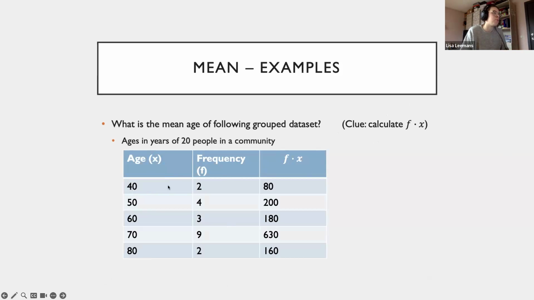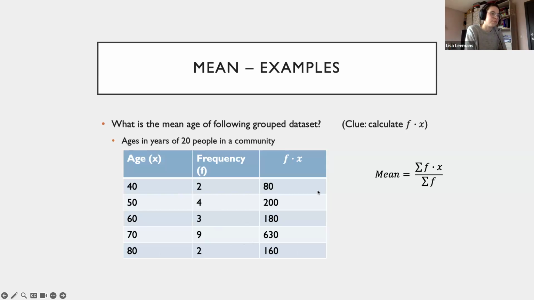So each time we do the first column multiplied by the second column, that gives us our value right here. So you can calculate all these lines or multiply all these lines. And then what we will do is add all these values up.